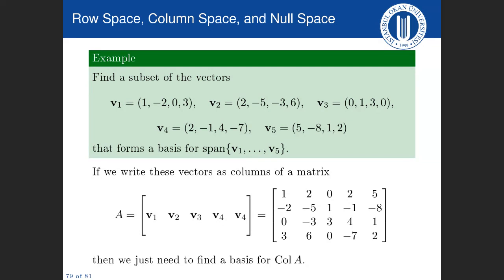So we do what we did before. We're going to row reduce capital A. We're going to look to see where the pivot positions are, which are the pivot columns, and then we're going to go back to A and choose those columns.